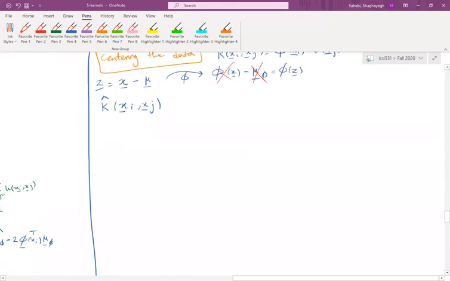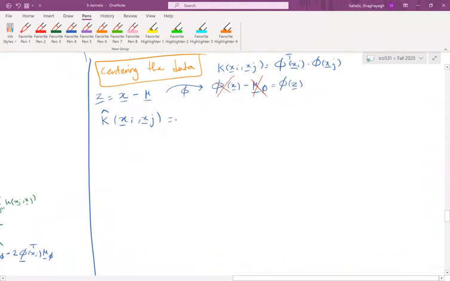Now, the centered kernel should be equal to phi of xi minus mu phi, transpose, phi of xj minus mu phi, right?